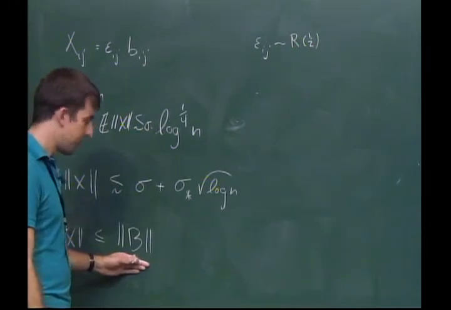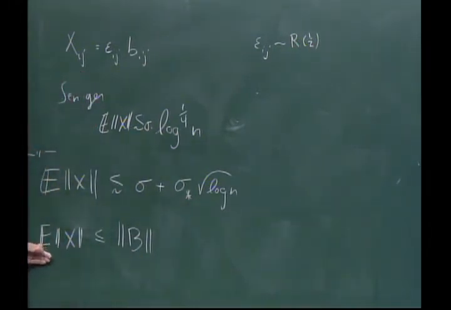And so the expected norm of X is smaller than that of B. This is a bit of how inequalities dealing with Rademacher random variables are improved: there is some Gaussian bound, but also the fact that if I put 1s everywhere, this is the worst case, so I always need to be smaller than that. Okay, is that clear to everyone?